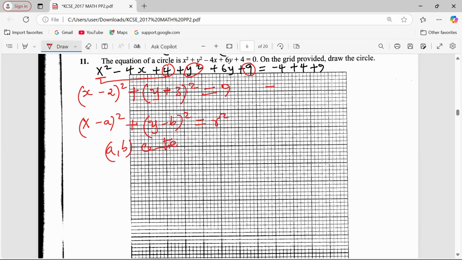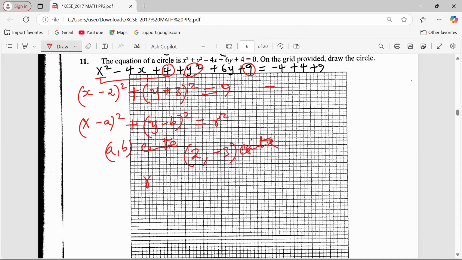Therefore, x minus 2 equals x minus a. So negative 2 equals negative a, and the value of a shall be 2. 3 equals negative b, so the value of b shall be negative 3. So that is the center.